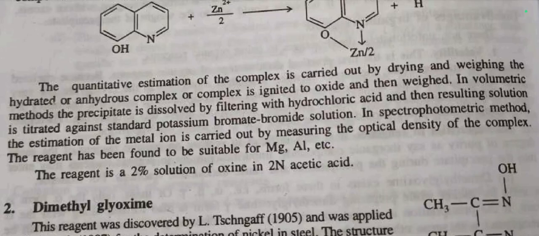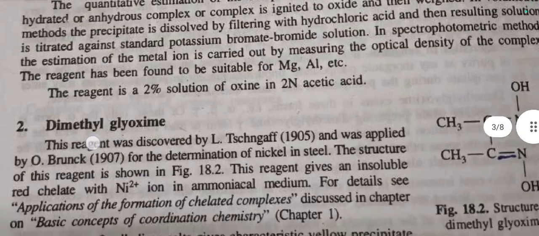In spectrophotometric method, the estimation of the metal ion is carried out by measuring the optical density of the complex. The reagent has been found to be suitable for magnesium, aluminium, etc. The reagent is a 2% solution of oxine in 2-normality acetic acid.